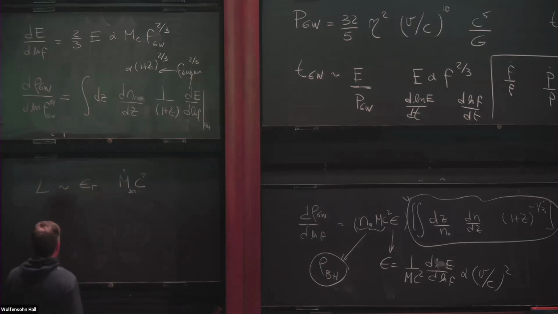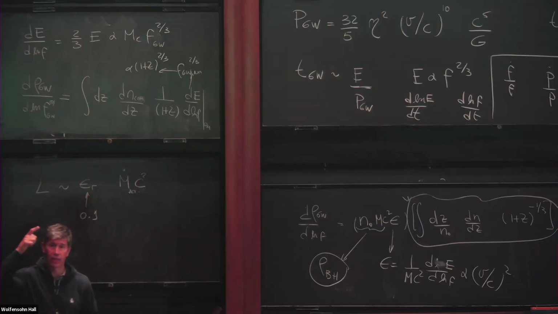And so that gives you an estimate for this efficiency, which is around 0.1 in this case. It depends on whether the black hole is spinning or not spinning and so on. So that's more or less a theoretical argument of trying to build a model with a disk around a black hole. You can also try to do it directly.